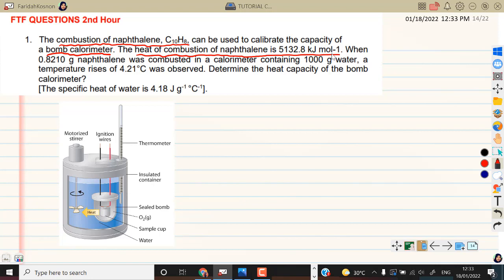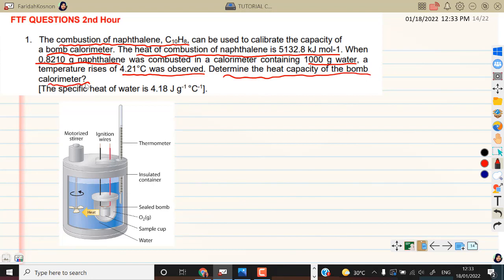When 0.8210 gram naphthalene was combusted in a calorimeter containing 1000 gram of water, a temperature rise of 4.21 degrees Celsius was observed. Determine the heat capacity of the bomb calorimeter.